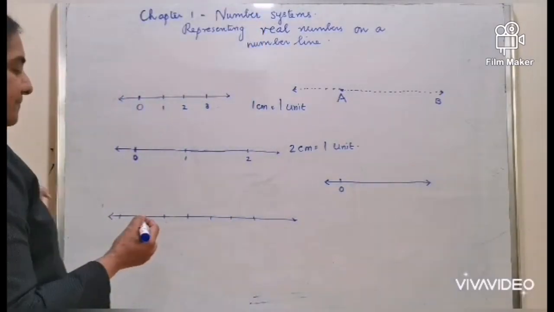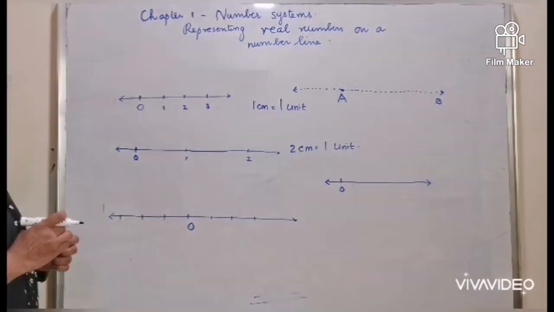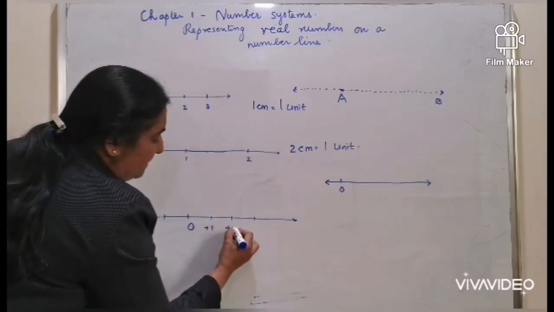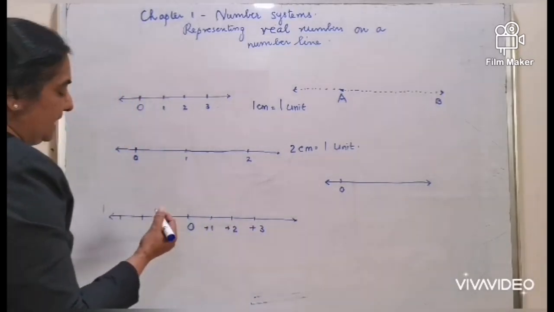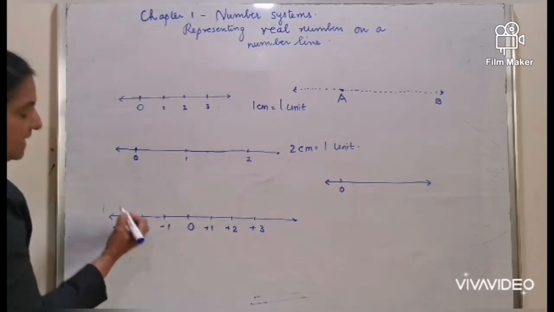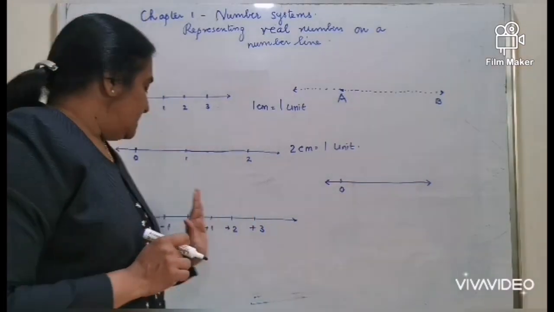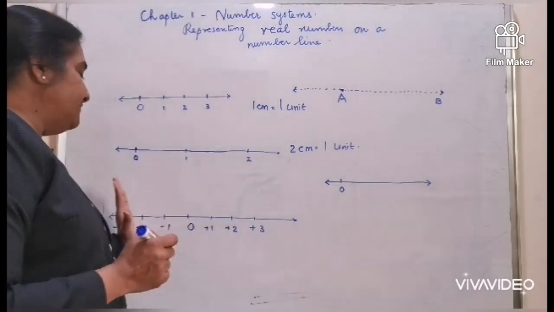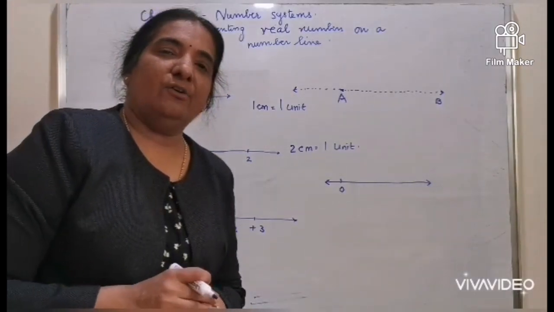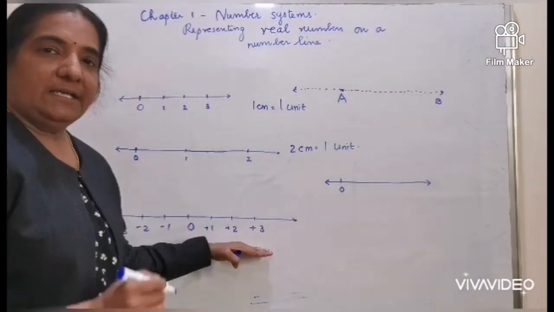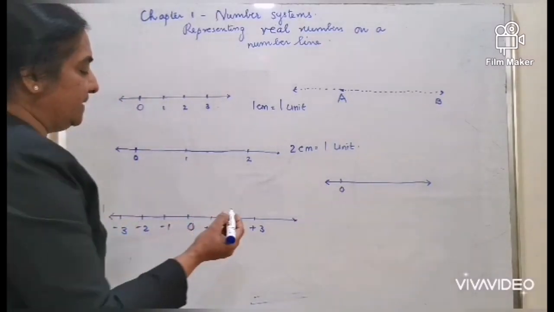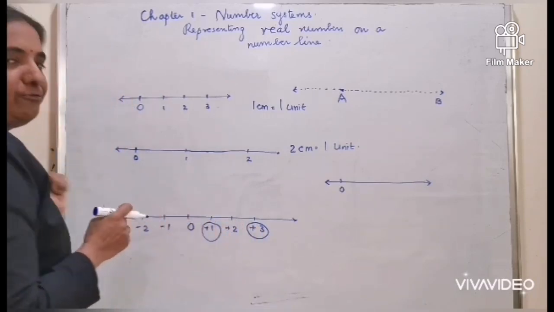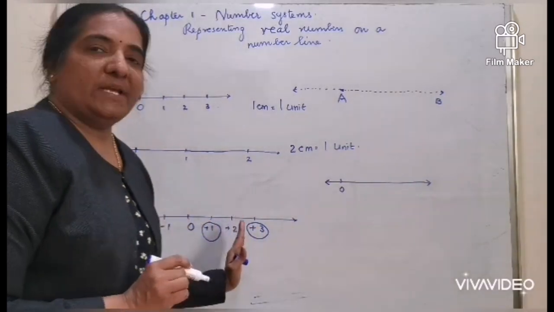Coming to integers, if you consider a point 0, the positive numbers are bigger than 0 and the negative numbers are smaller than 0, which shows that the positive numbers will be plotted towards the right side of 0 and the negative numbers towards the left side of 0. From a number line, it's very easy to understand that whichever number is towards the right of another number is always bigger.